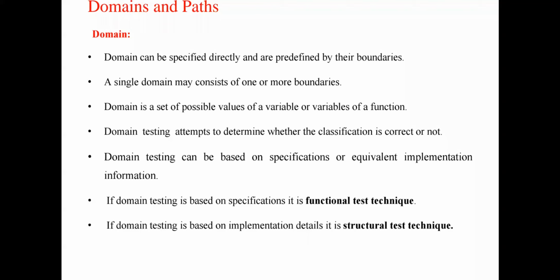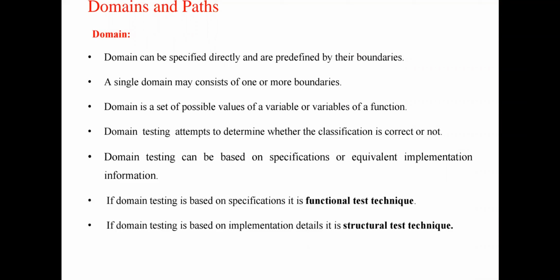Okay. A single domain may consist of one or more boundaries. For example, you are taking a single domain. It contains one boundary or a second boundary. A boundary is nothing but predicates, that is, conditions. Based upon those conditions only, the values are executed and the set of values is analyzed. A boundary is nothing but the condition on that set of values of that particular variable.